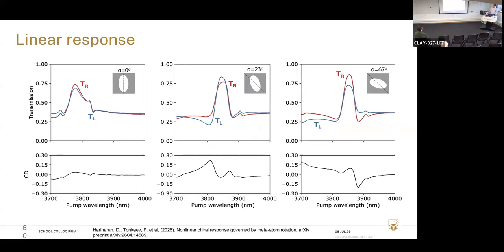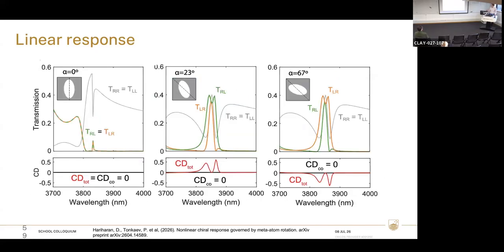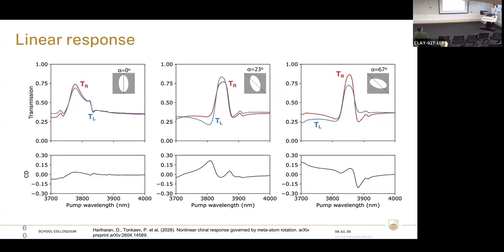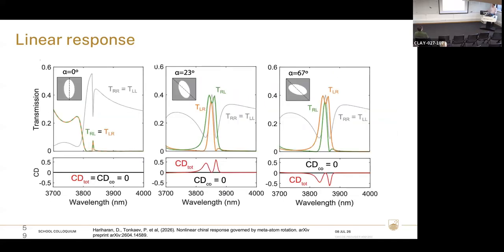So ideally, it's a bit tricky because we won't see these two peaks here, because this one is basically the sum of TRR plus TLL. So that's a bit tricky to compare them, but the total CD should be matched quite well.